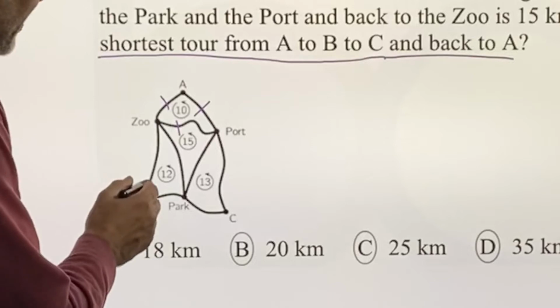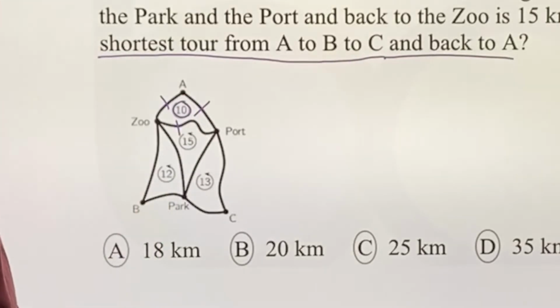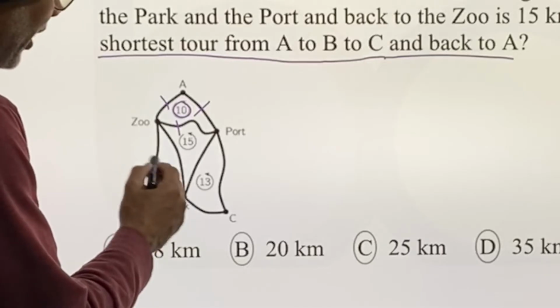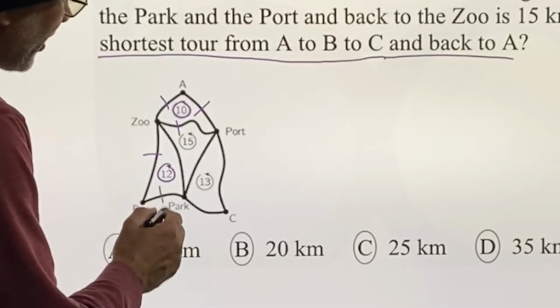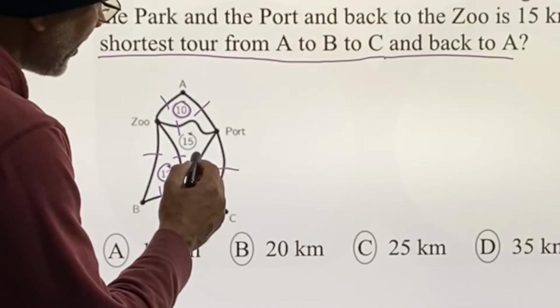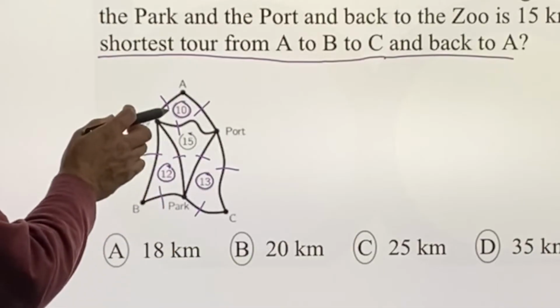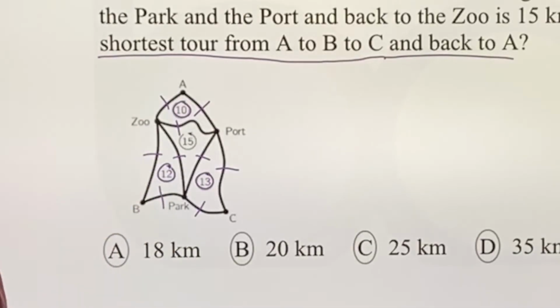So that is this number. Similarly, the 12 is basically going here, here, and here. And 13 is going here, here, and here. Okay. So if I add up all these, that will be 10 plus 12 plus 13.